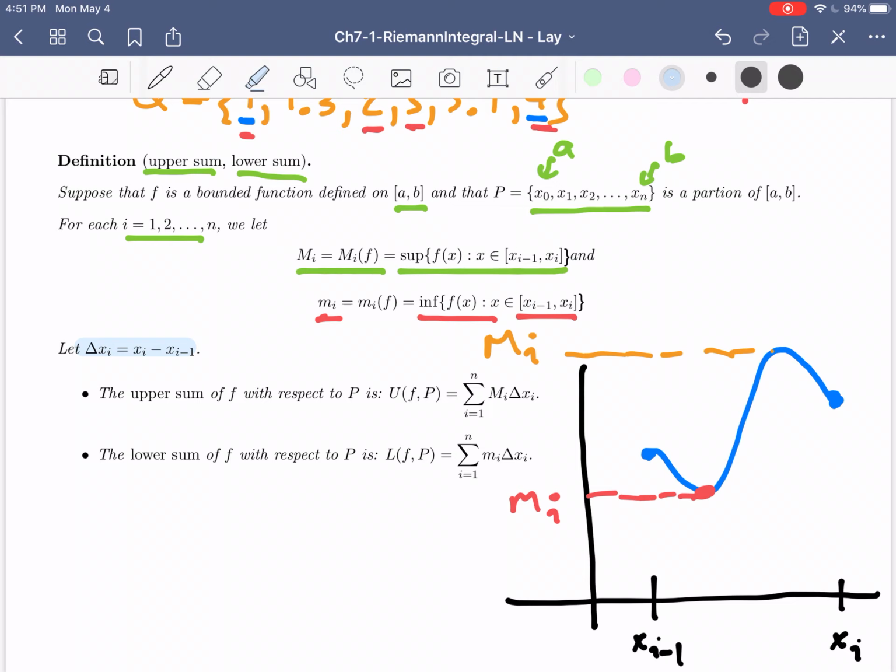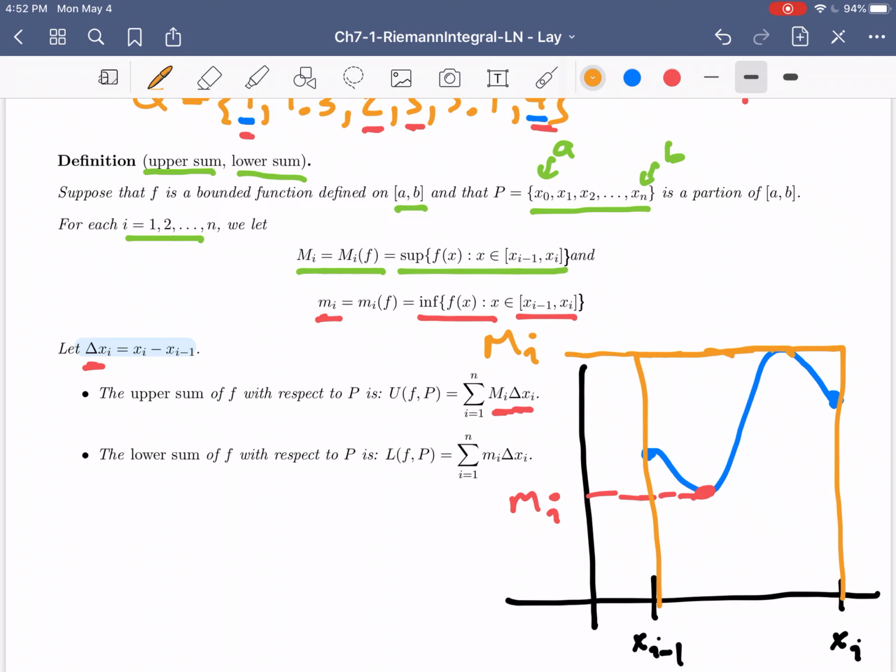And so our upper sums are going to take the width of the ith subinterval, and we multiply that by the maximum on that subinterval. Right? And so what that looks like is we're taking that maximum data value, we're multiplying it by this width, and so we are finding on that subinterval the rectangle that is going to for sure be an overestimate.